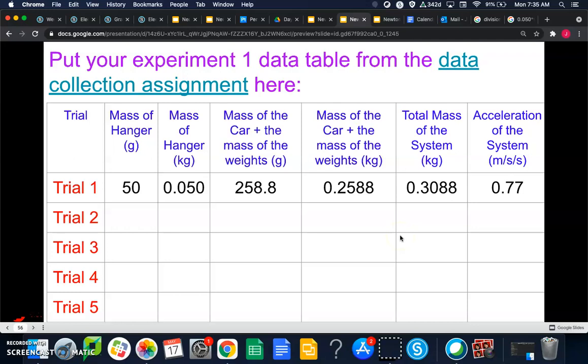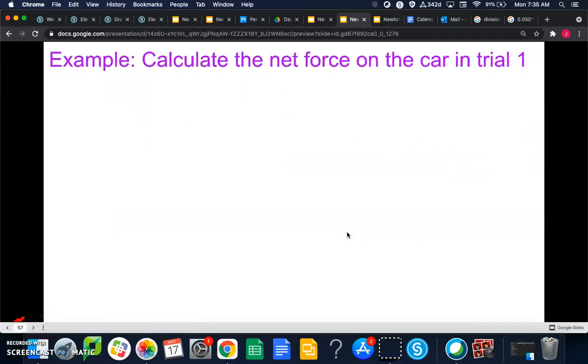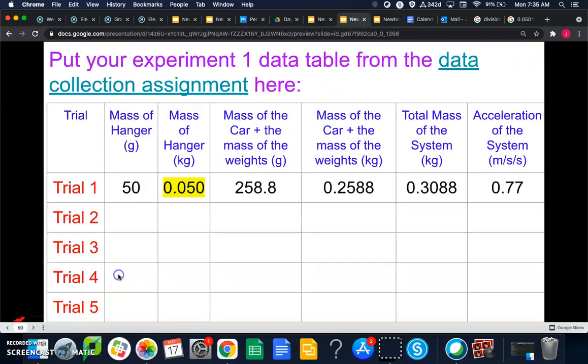Okay, and so then what we're going to do is calculate the net force on the car in trial 1. So let's just go through this for example. We're using this same equation from our net force equations page. The first thing we're going to do is calculate the force of gravity. That's just the mass times gravity.